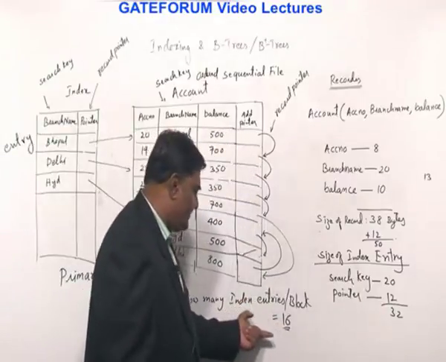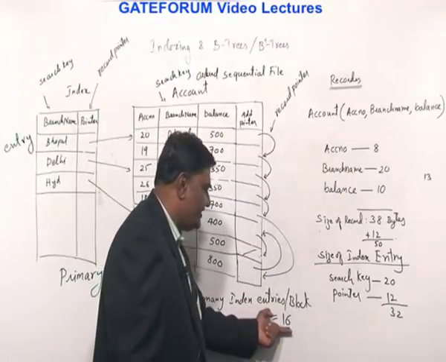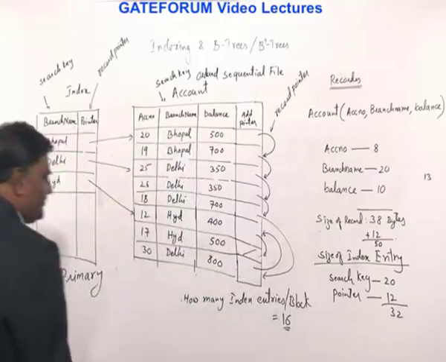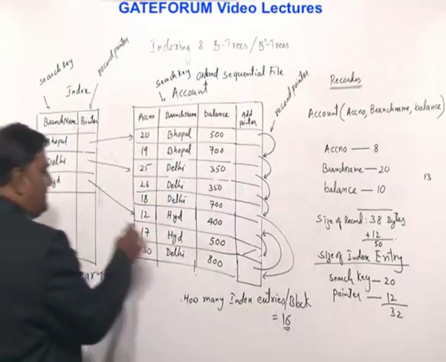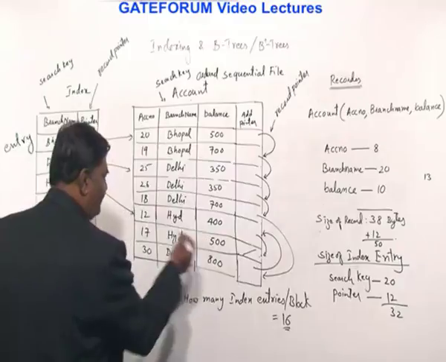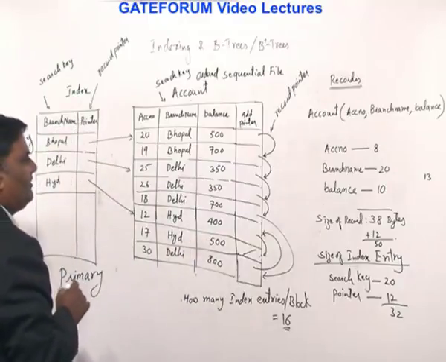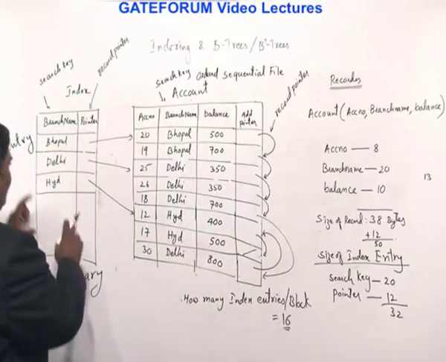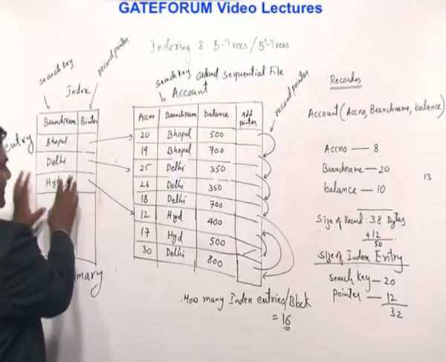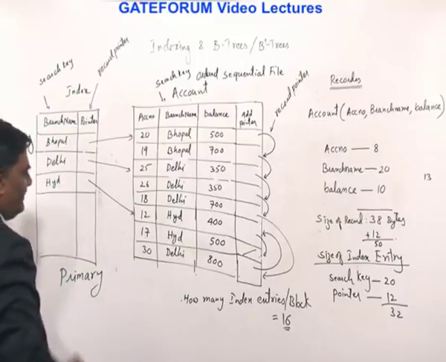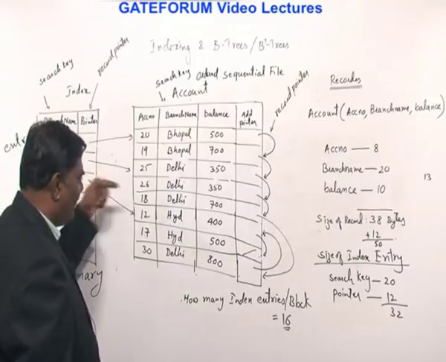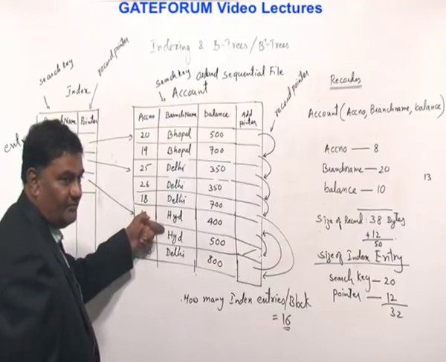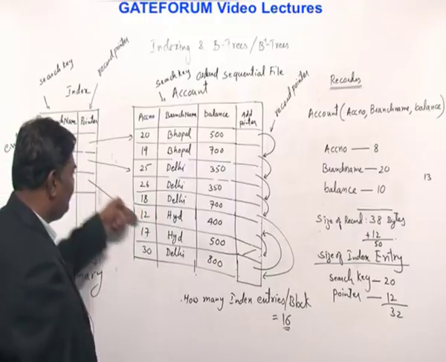So how many record entries can we have? 16 per block. Now, see, to access a particular record, how many blocks do I have to access? I have to access one or more blocks from the index, then take the address and come to this particular block. So this gives the address of this one.